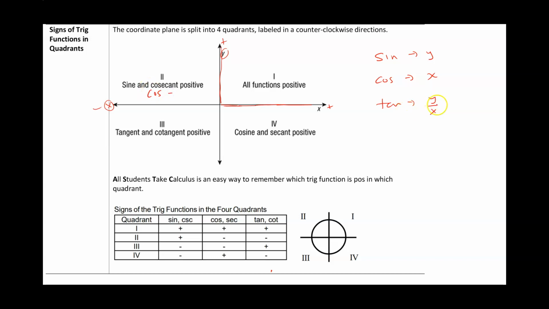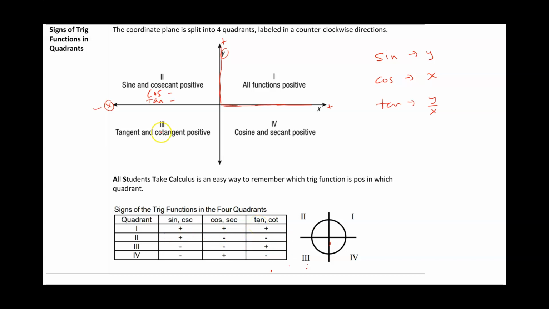And the tangent is y over x. Well, in the second quadrant, the y is positive and the x is negative. So if you have positive divided by negative, then the tangent will also be negative. And we can see here in quadrant 2, the sine and cosecant are positive, the cosine and the tangent are negative.